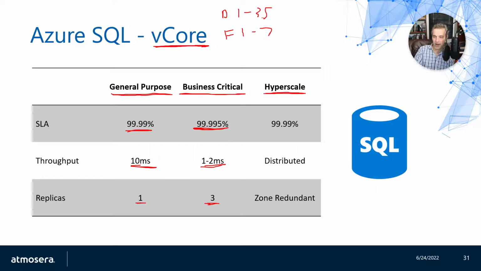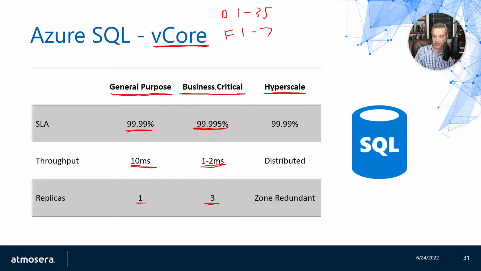So you have the ability to create parallel jobs across a compute cluster, and it's going to be operating on all of those different jobs in parallel, and then it's going to bring all those results back together, then be able to aggregate things and do things like that, which are typically more characteristic of big data type workloads rather than something that's more transaction oriented like you would get with general purpose or business critical tiers on the vCore model right here.